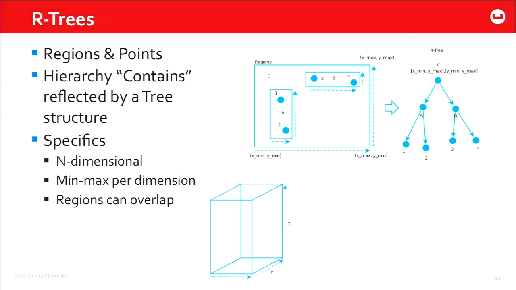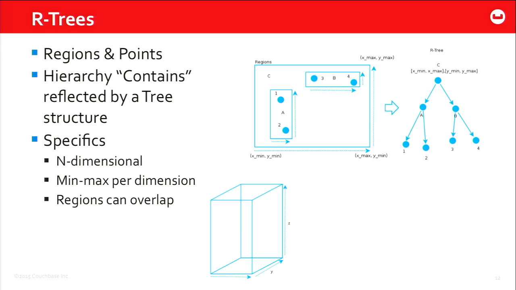Okay, a little technical overview. Our spatial indexes are based on R-trees. Who of you knows what an R-tree is? Okay, so let's explain it. Most storage engines use B-trees for general indexing, for secondary indexes and so on, and geodata is usually indexed using R-trees, which means we are talking about regions here.